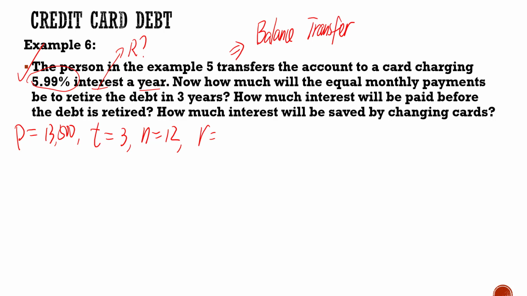The rate now is different, 5.9%, which is a lot lower compared to 19.99%. So we do expect to have a lower regular payment, because the interest rate is lower. Let's see if that's the case.